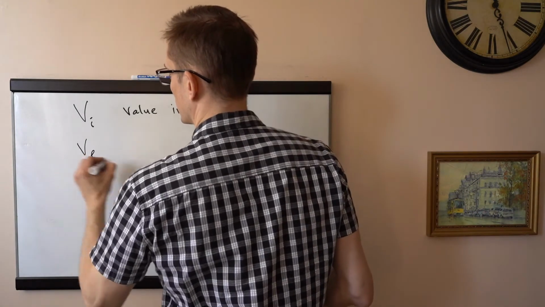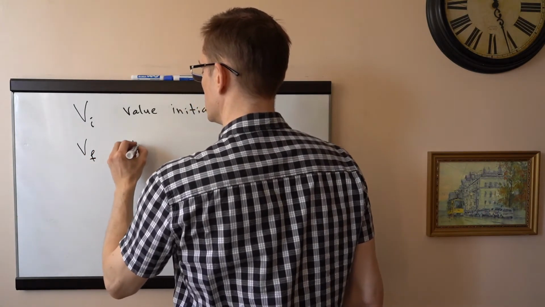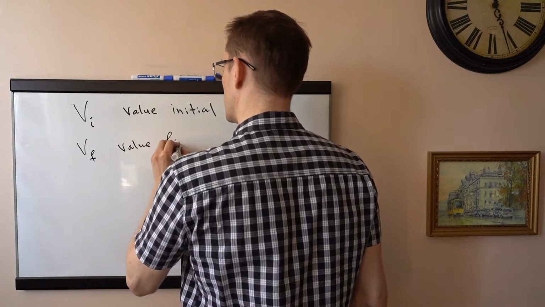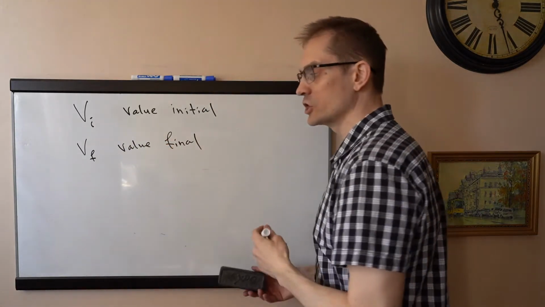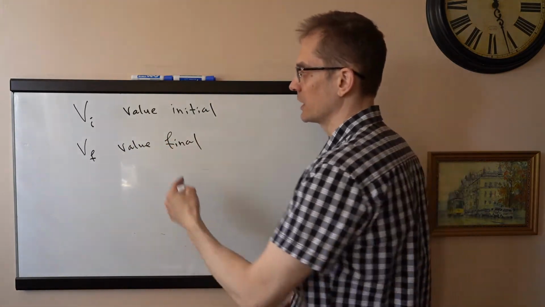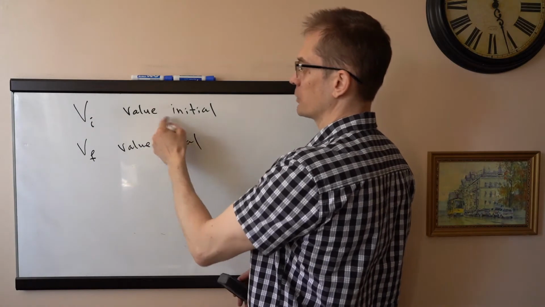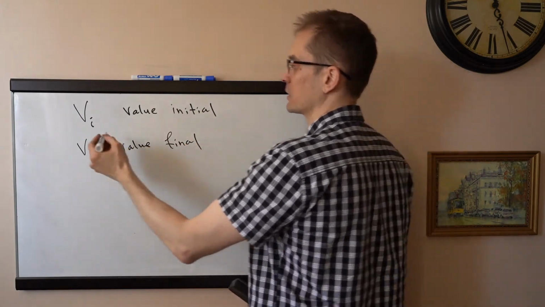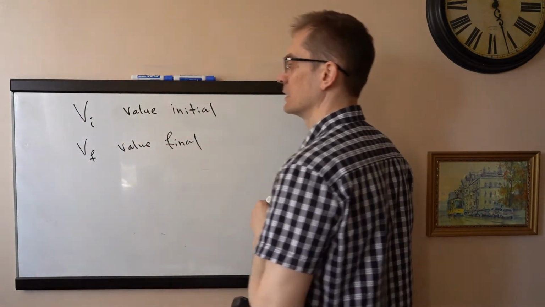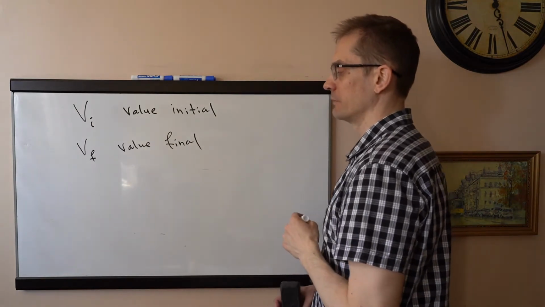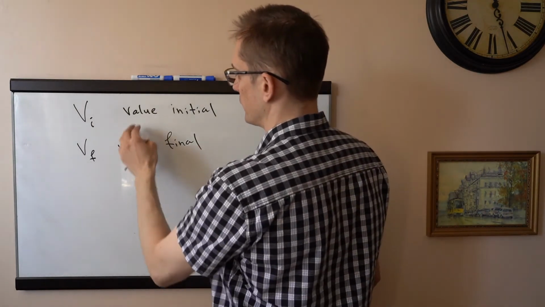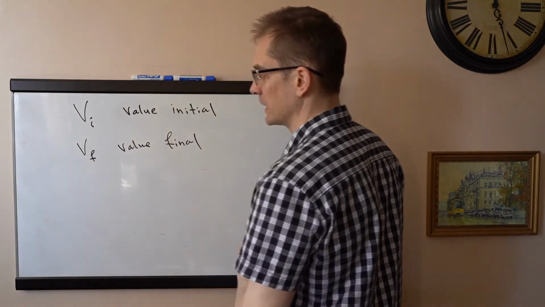And then let's talk about VF, which is value final. The reason why I use value initial and value final is because the subscript comes after V. So you have value initial and then you have value final.